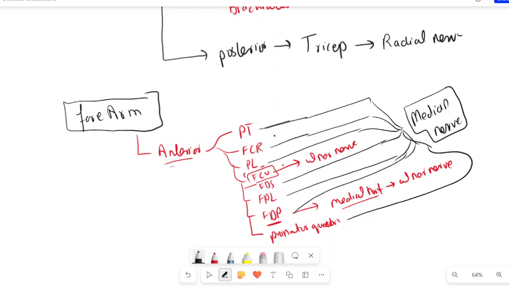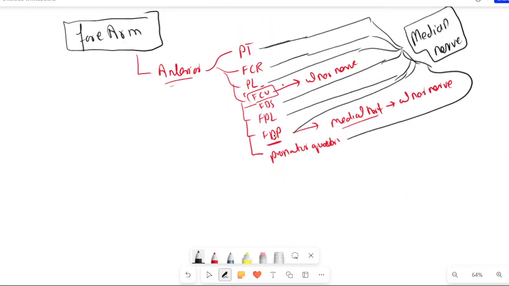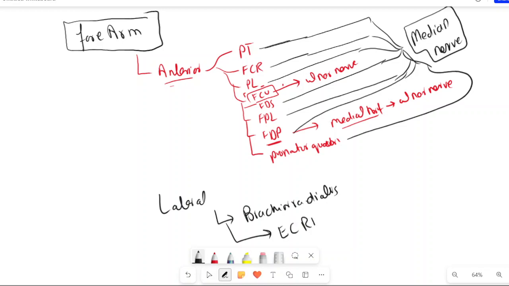Now we will come to the muscles of the lateral compartment. There are two muscles: the brachioradialis, and the other is the extensor carpi radialis longus.